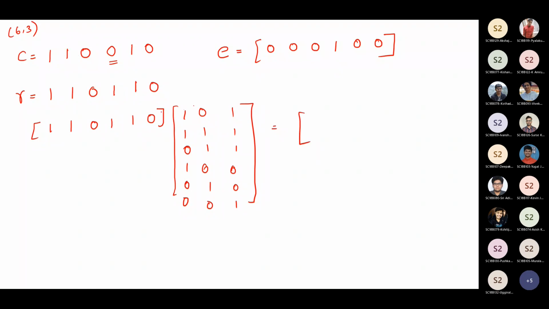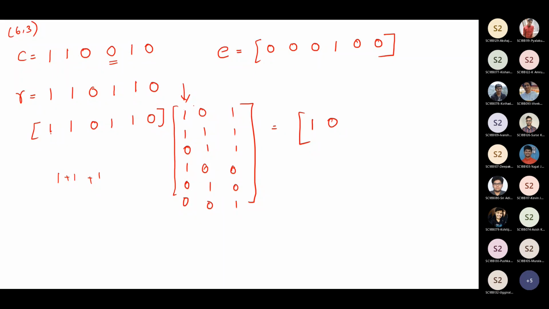So when I multiply with the first column, what will I get? 0, 1 plus 1 plus 0 plus 1, so 3 ones added, that is 1. Next one is 1 plus 1, 0. Next one is 1 plus 1, then 0.